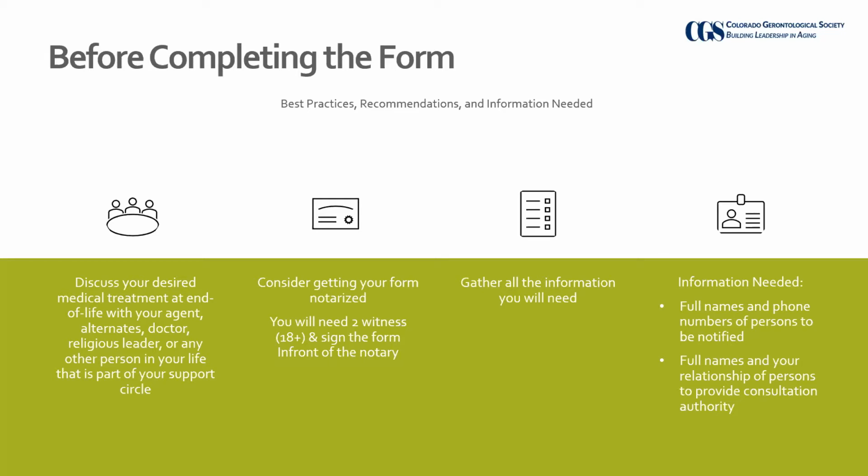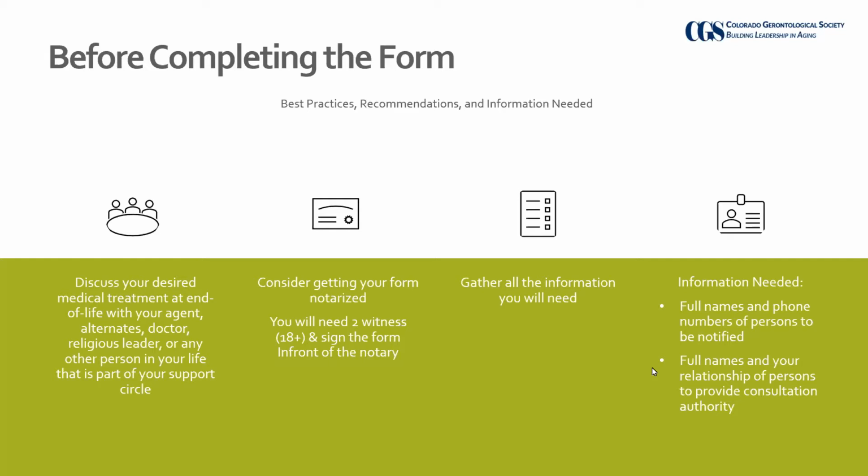So once again, the information that you will need to be able to complete this form is, if you decide for anyone to be informed that you are hospitalized and you're at end of life, you will need those individuals that you want to be informed. So you will need their full names, a phone number.